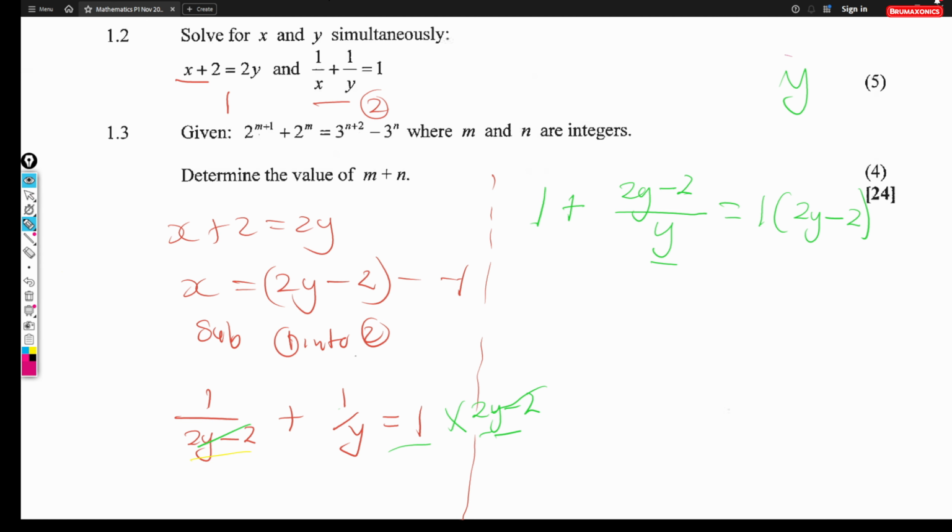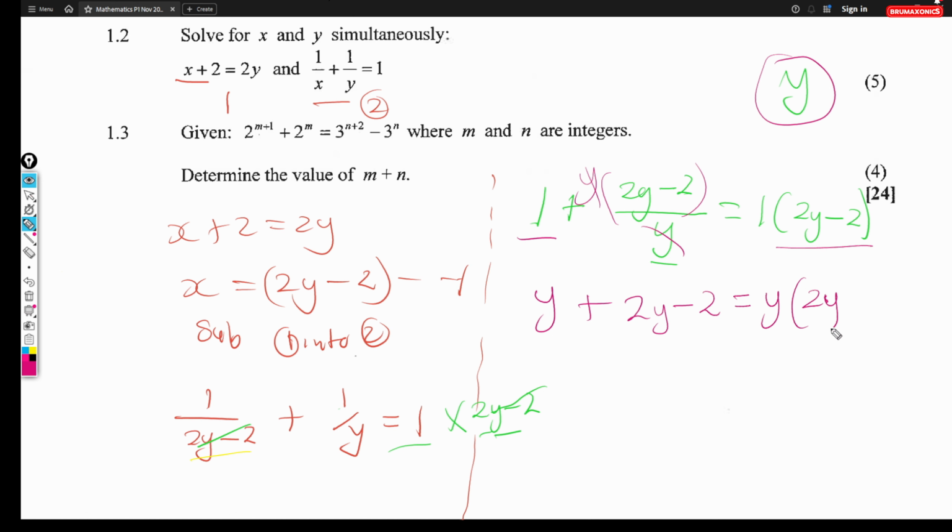Here 1 times y will be y, and the plus here we multiply with y, and that y will cancel the other one down there, leaving us with 2y minus 2, which equals, and then 1 times this will remain the same, and we're going to have y into 2y minus 2. So this is what we are left with after the cross multiplication, right?